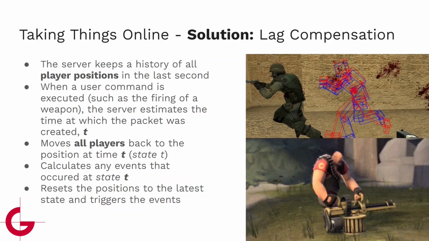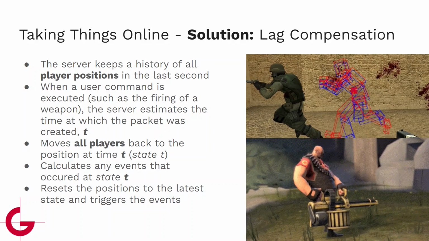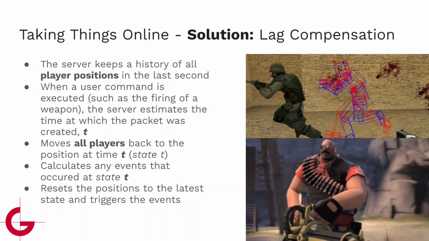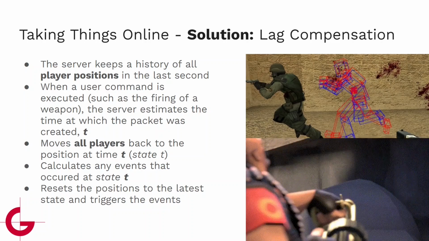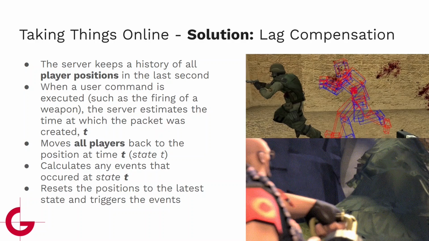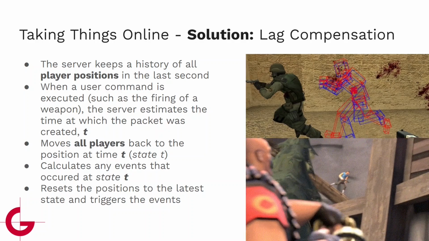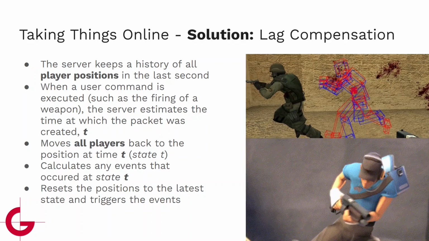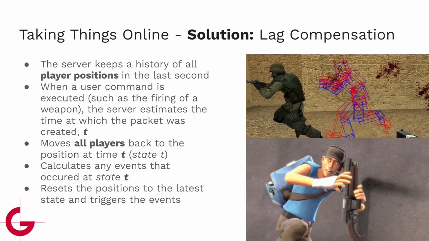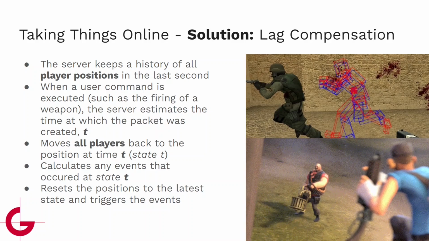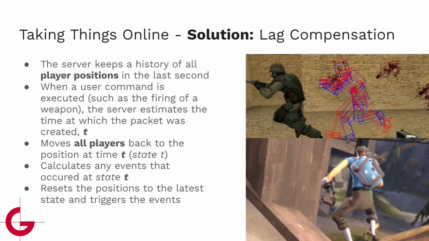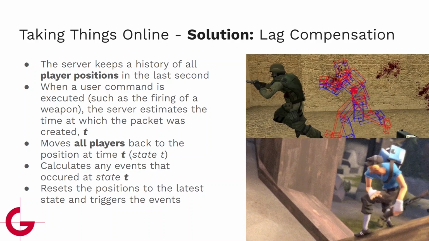And the server moves all players back to the position at the time that the packet was created, calculates any events that occurred as they were at the same state, resets the position to the latest state and triggers the event.